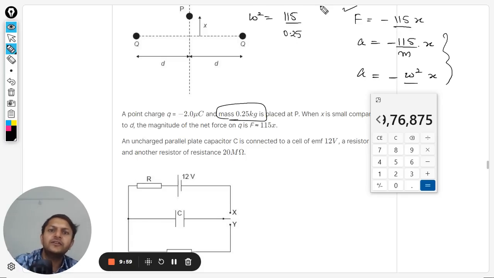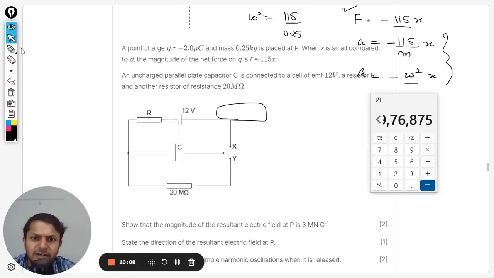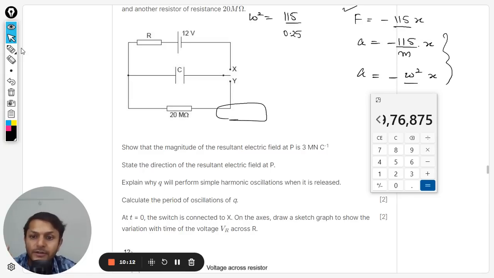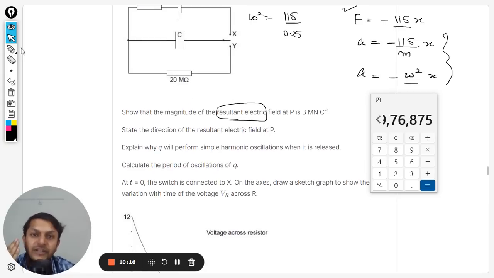Yeah, from here we want to find the angular velocity. What? Oh my god, these questions are so long. Calculate the time period.